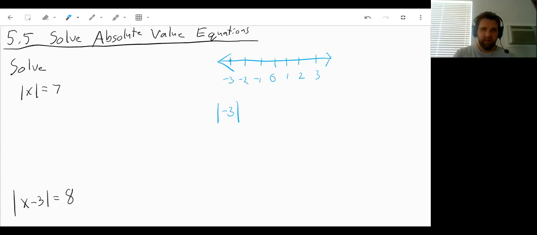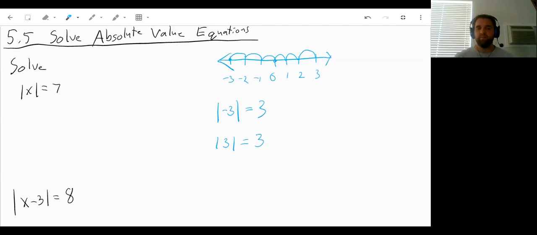Distance is never negative, so it has to be a positive answer, and that would be 1, 2, 3 away from zero. So the absolute value of -3 is 3. Or you could ask how far is +3 away from zero? Well, that's also 1, 2, 3, which would be 3.